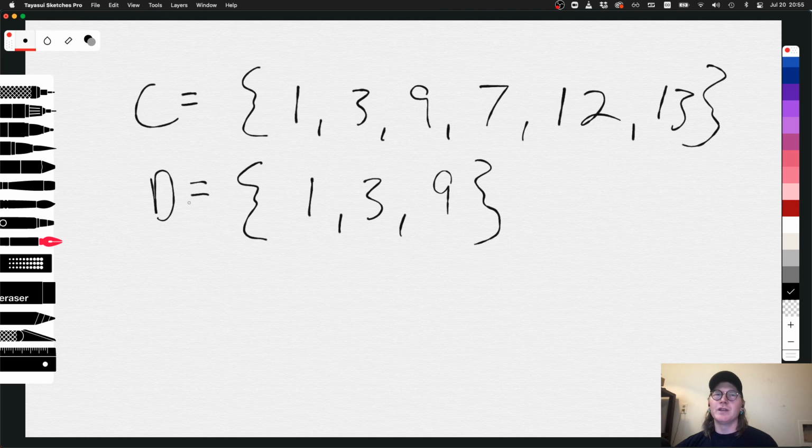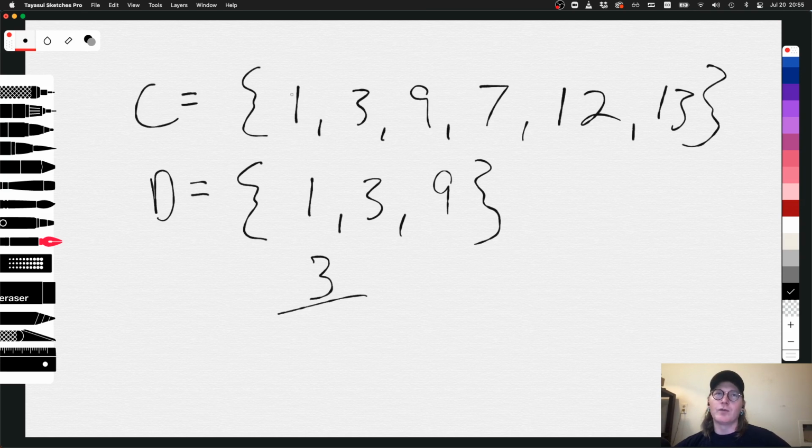What is the probability of selecting some element in subset D from the containing set C? Turns out it's the size of D, which is 3, or the magnitude, or what we call the cardinality.